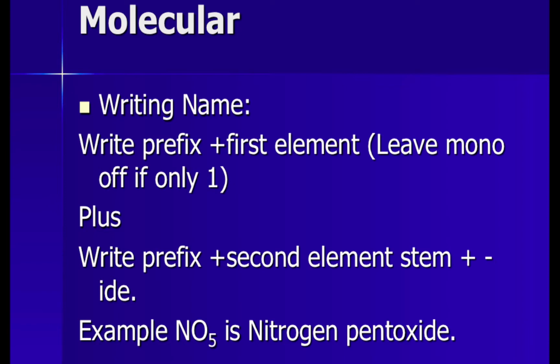All right, for molecular stuff, this is what you guys need to be able to do. What you do is you write the prefix plus the first element, and then the prefix and the second element. So let me give you one, and you guys can see if you can do this or not. N2O. That's molecular stuff.